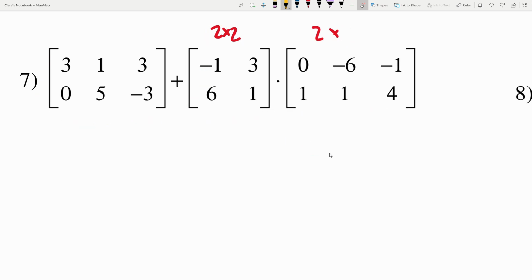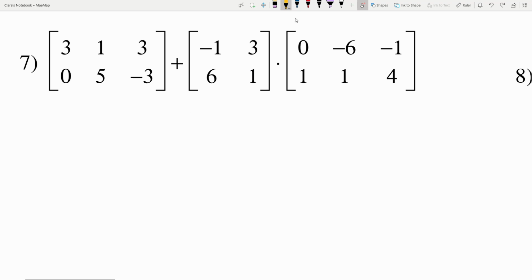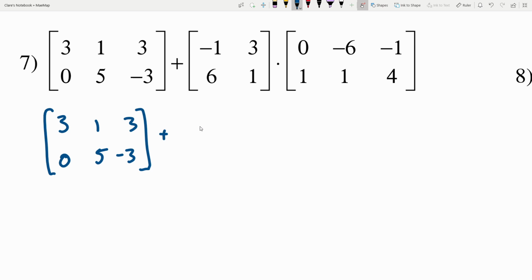So let's go ahead and figure out the 2 by 3 matrix that we get after multiplying. So I'll rewrite this first matrix, 3, 1, 3, 0, 5, -3. And I'll add that to, well, dotting first row with first column, -1 times 0 is 0, and I'll be adding that to 3 times 1, which gives me positive 3.